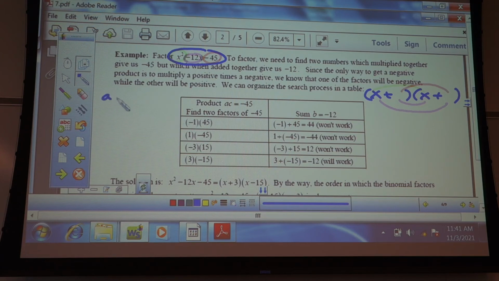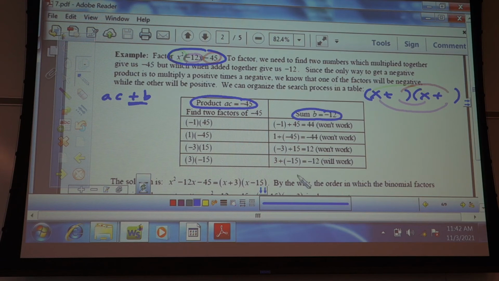Think of it like AC plus B is kind of the phrase. You find two numbers that multiply to AC, and they add to negative 12.